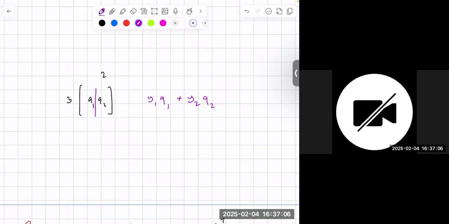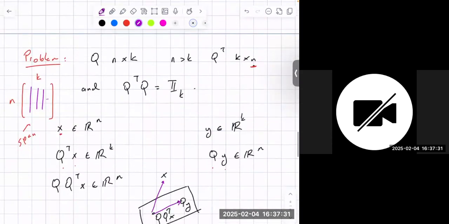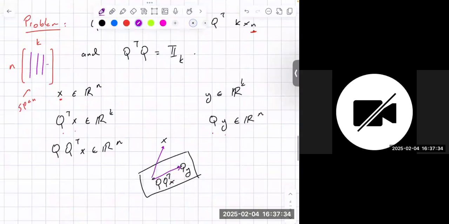If I call this matrix Q, what I just wrote would be Q times y, where y would be just those 2 numbers. It's the same thing if you have K columns: pick K numbers, make it a vector y, multiply it with Q. So everything in the span is written as Q times y, where y has K coordinates. Q times y expresses everything in this smaller dimensional space.